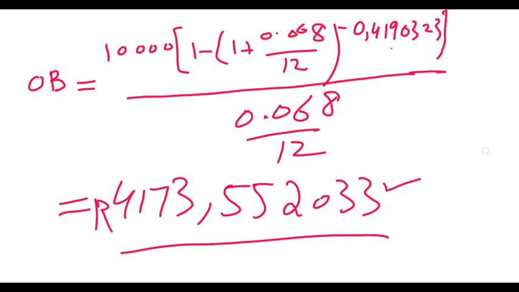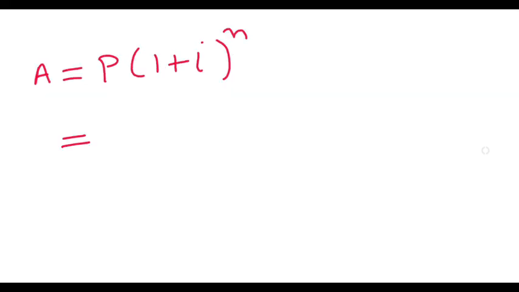So only for one payment. Why? Because one payment was lesser, because after 129 there is this .4190323. So we're going to apply the compound interest formula. This will be our P, the initial amount.